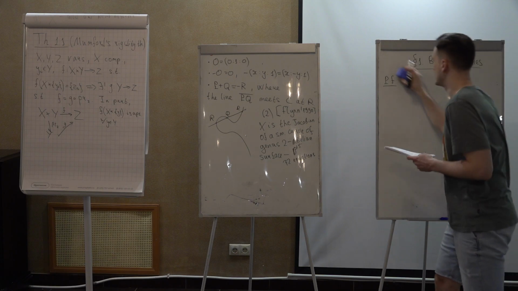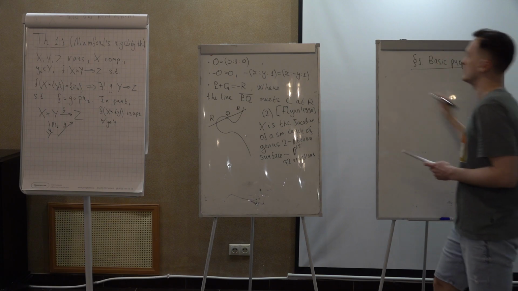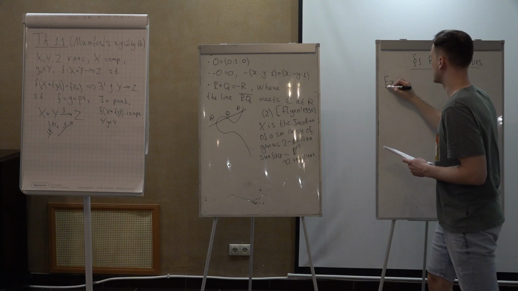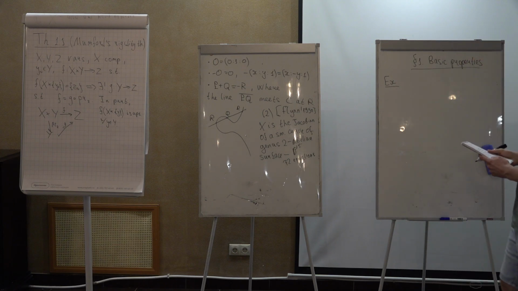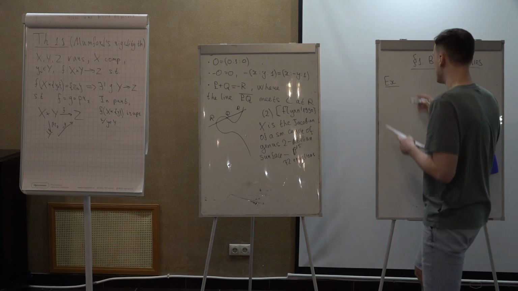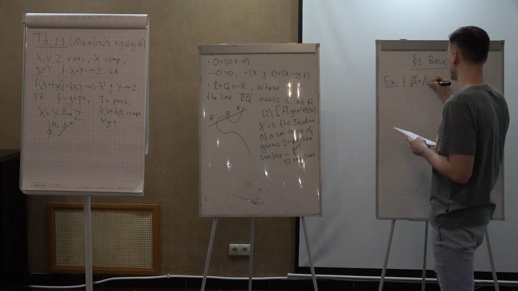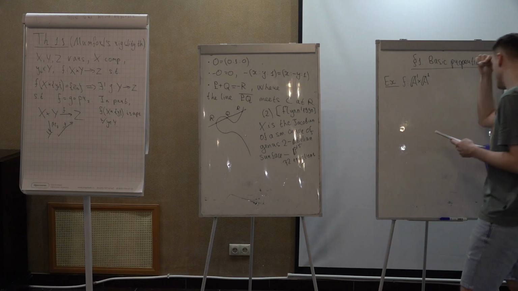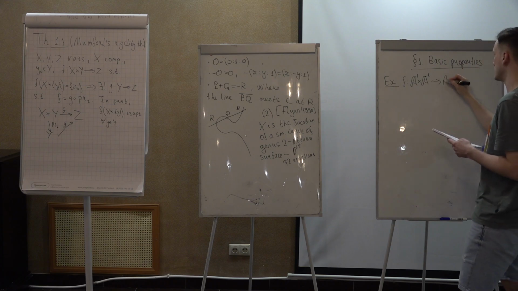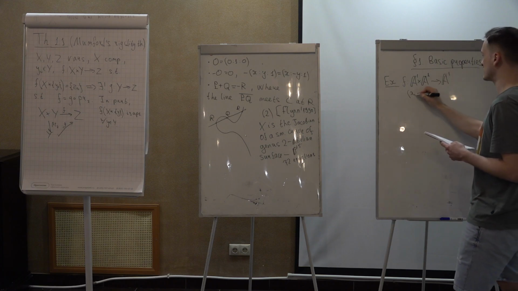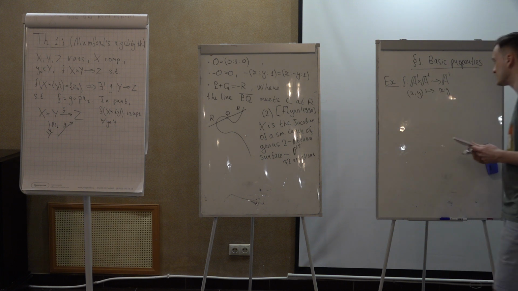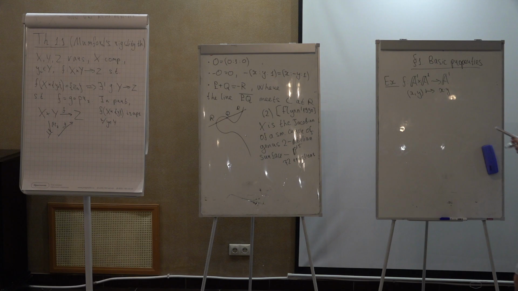Oh, maybe an example why the condition on X is necessary. If X is not complete, then it fails. For example, I can take such a morphism A1 cross A1 to A1. So let's just send the pair (x, y) to x times y. Okay.